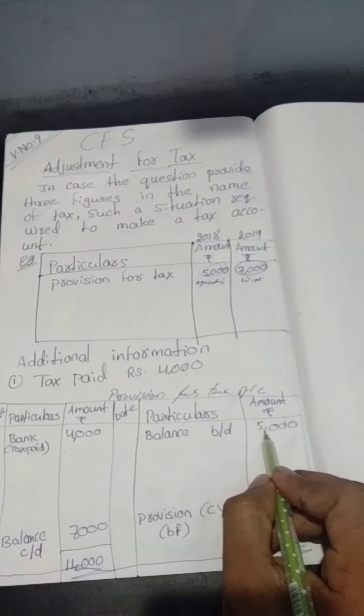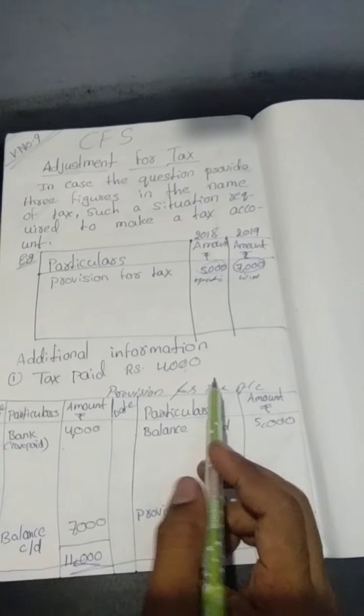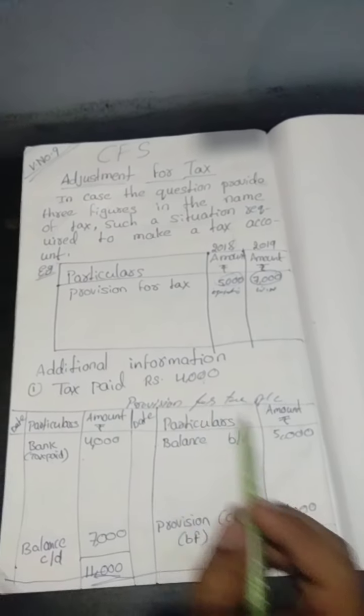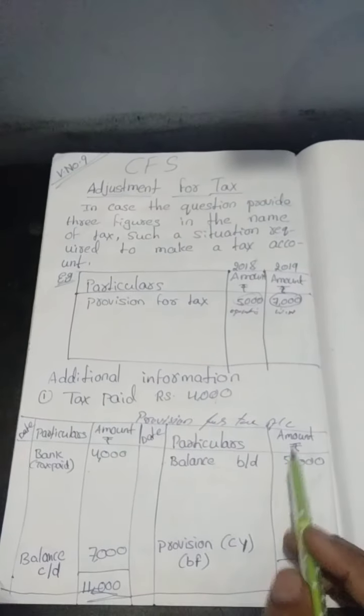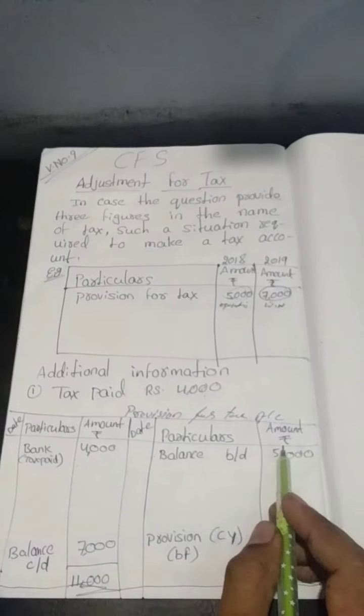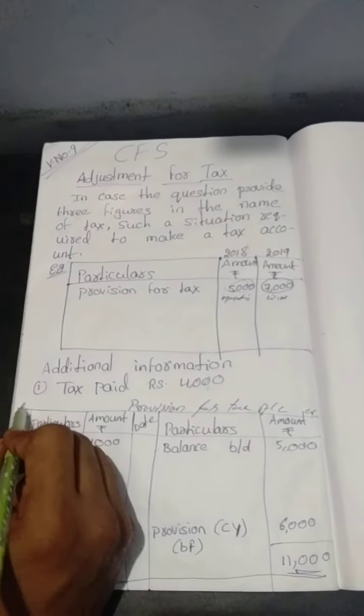Provision for tax is a liability, so last year's balance will be a credit balance, which is why we show it on the credit side.